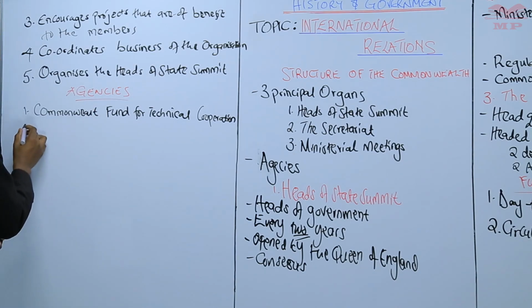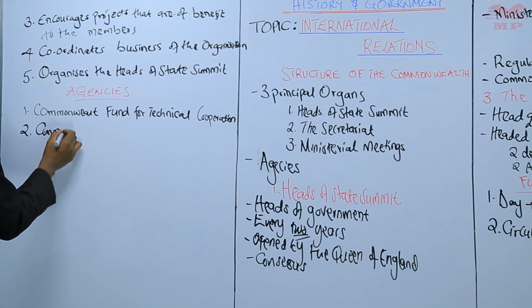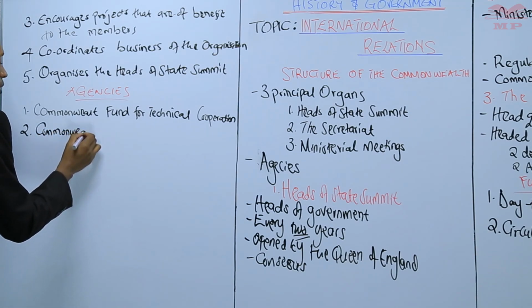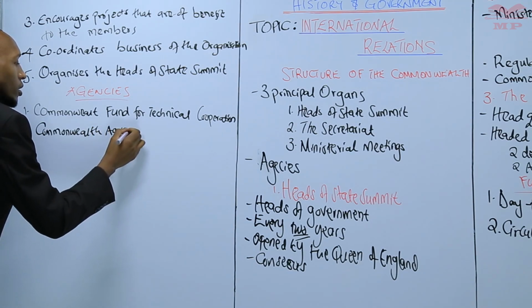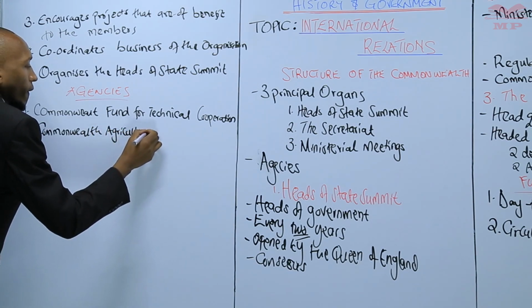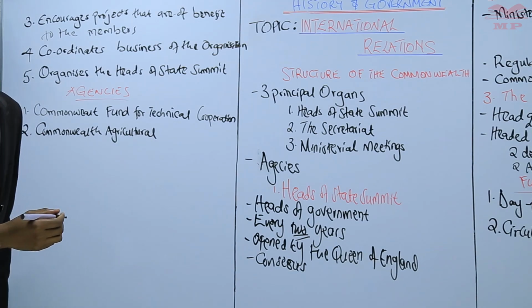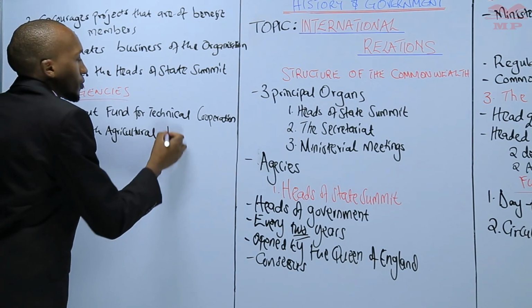Number two, the next agency, we have the Commonwealth Agricultural Bureau.